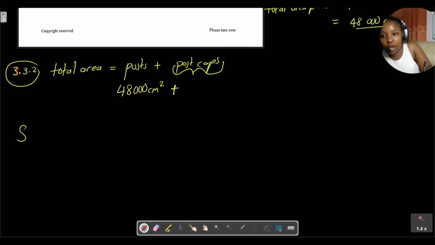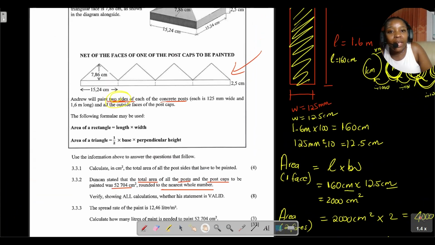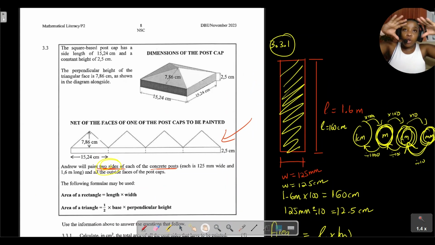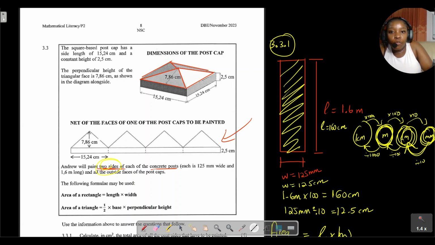At the top of the post caps, we've got triangles: triangle 1, triangle 2, triangle 3, triangle 4. We've got 4 triangles, so we want to calculate the area of all of those 4 triangles and then add them together.